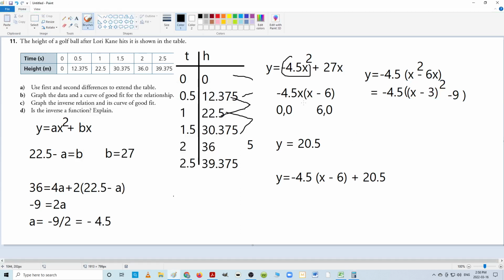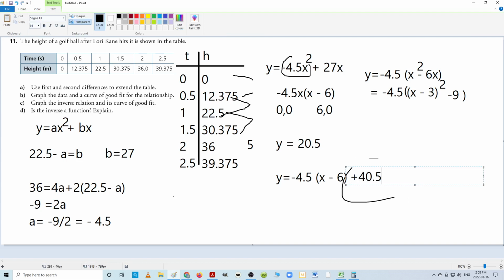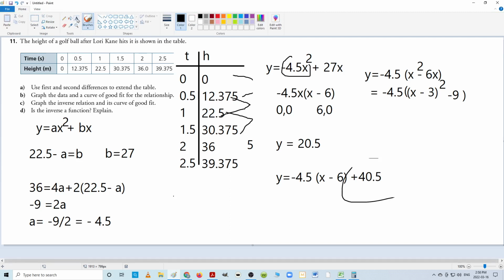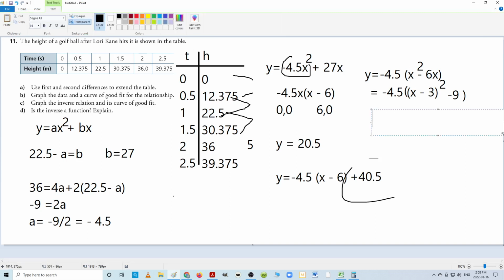Oh, looks like I made a mistake down here. I did half of 81 and said 20.5. Yeah, half of 81 is 40.5. Sorry. You probably caught that. I should have caught that based on the graph and the numbers. But we see that completing the square also gave me the information, just a little bit longer.